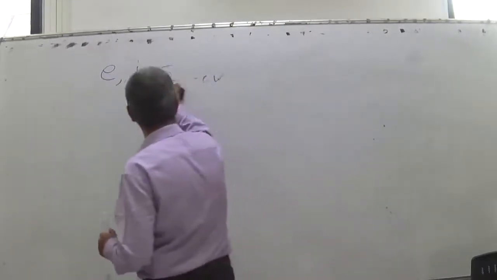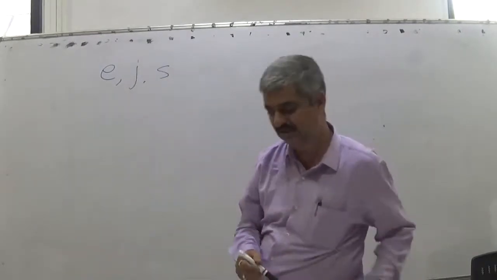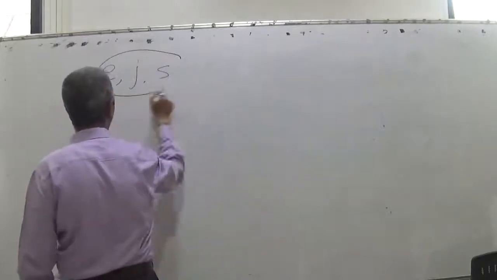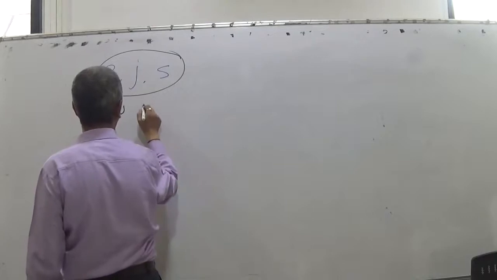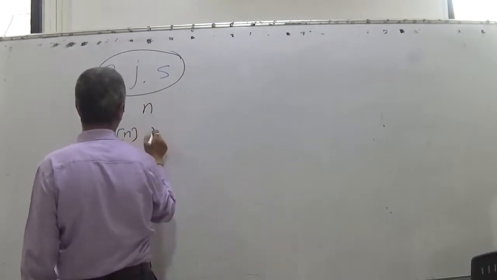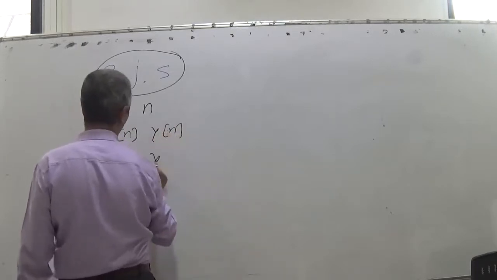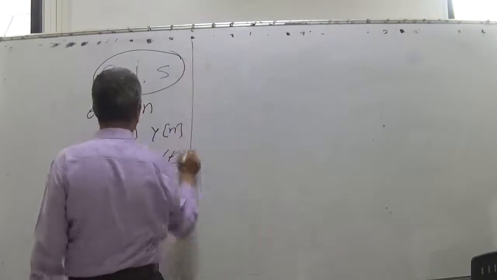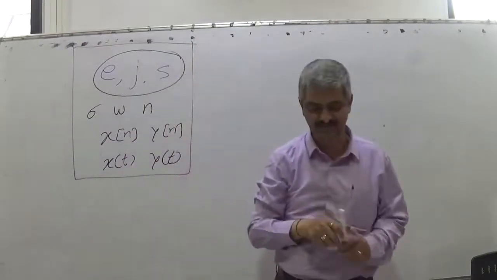So E, J and S, the entire signal system syllabus you will find is revolving around this, and many times you will be getting omega, sometimes sigma and n, x and xn, yn or xt, yt. So in this you will be confining yourselves.